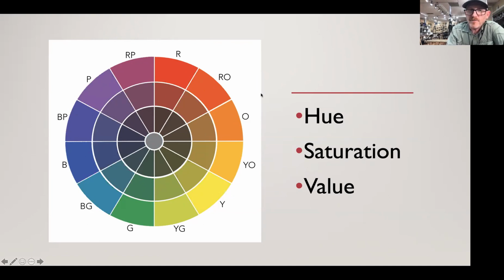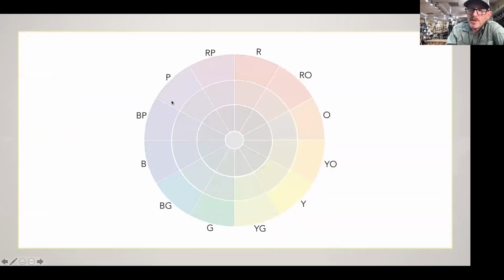And our third and final variable is value. Now, this wheel doesn't truly demonstrate value, but value is the easiest of the three variables for us to consider, and the one that you typically need to plot as much as we use the wheel. But let me just run through value.